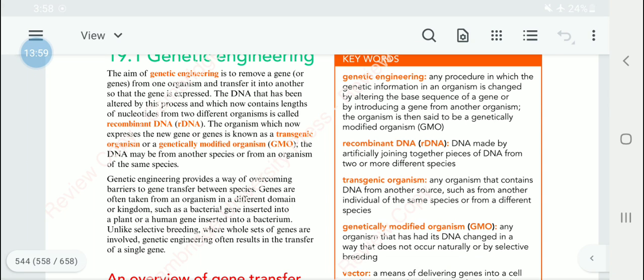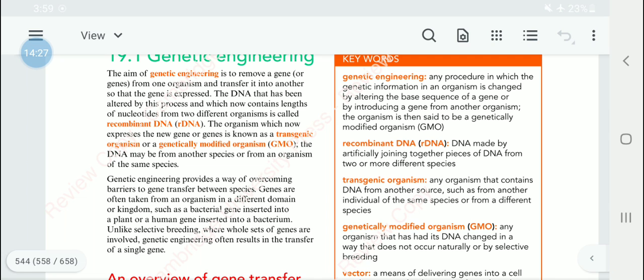Genetic engineering: that is the process by which a GMO is produced by transferring a single gene from one organism to another. The organism that was introduced with the new gene would be known as GMO, genetically modified organism. Then recombinant DNA, that is the DNA made by artificially joining together pieces of DNA from two or more different species.